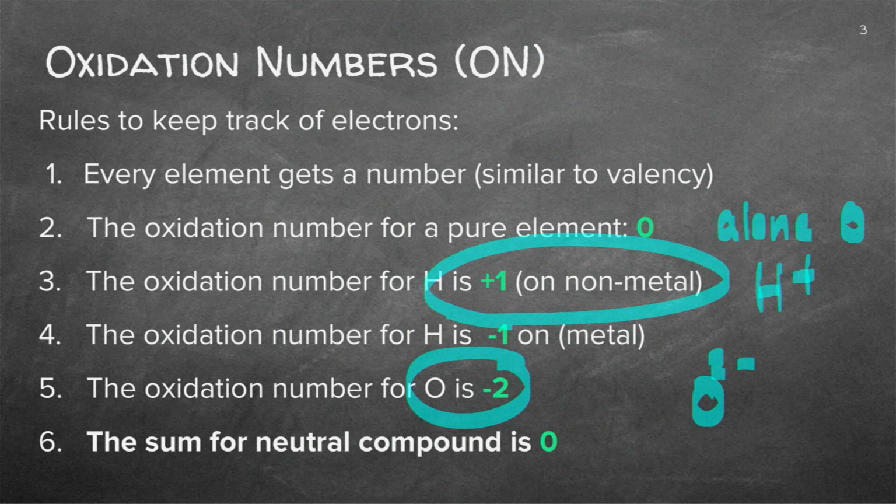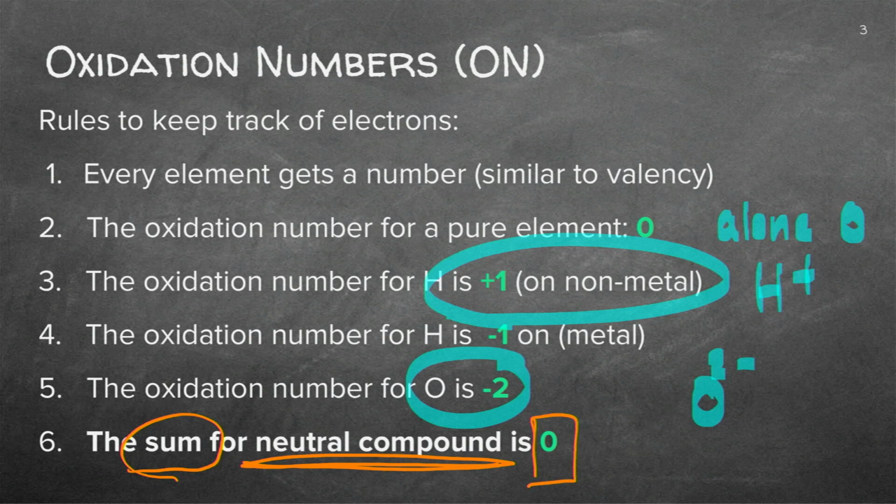Well, we're going to get the sum of all the elements, and a neutral molecule will always have a value of 0. Let me explain what I mean. Let's take water, H2O. We know the oxygen is going to be -2.